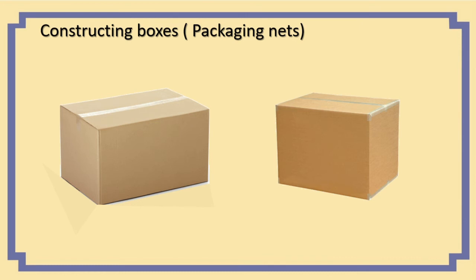How do you think they are made? Yes, do you know? How are they made? They are closed boxes. Isn't it? We get the things from these boxes. Yes? Do you know how they are made?